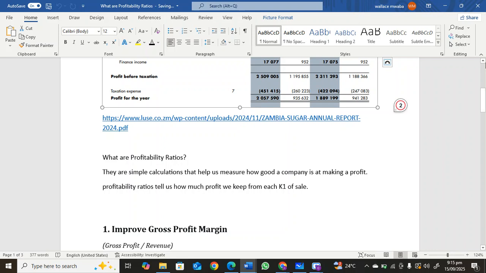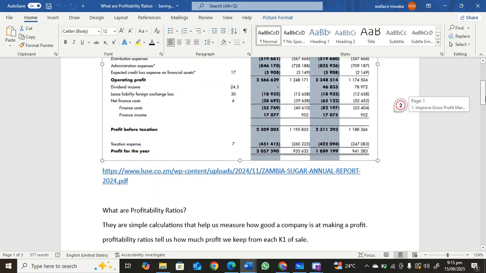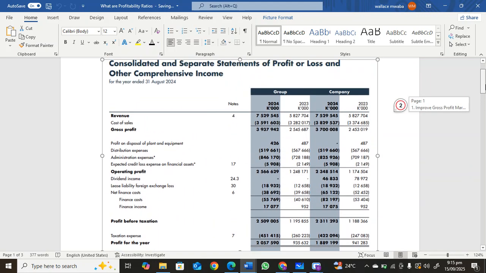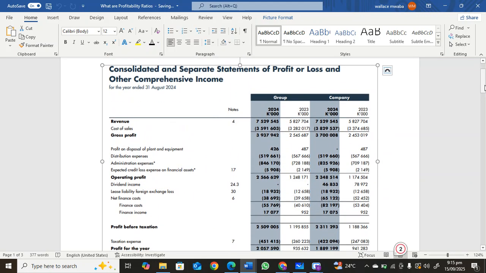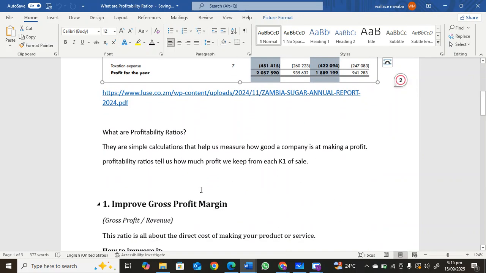Okay. So this is the income statement for Zambia Sugar 2024. We're going to calculate some of these profitability ratios and we're also going to interpret them. The first profitability ratio that we'll be dealing with is the gross profit margin.